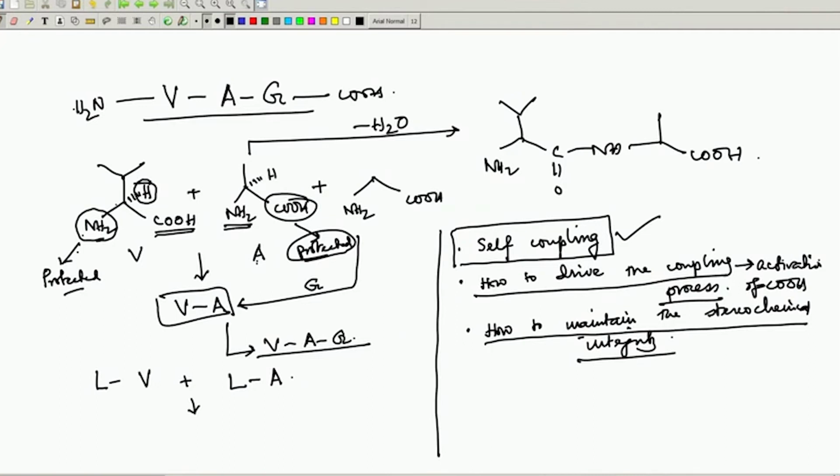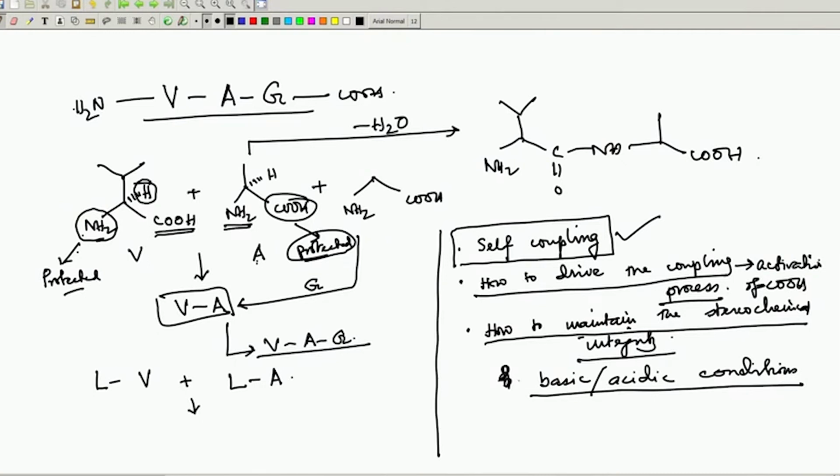So, one should not use highly basic or acidic conditions. Mild acid or base may be okay, but one should avoid aqueous sodium hydroxide or potassium hydroxide or HCl. One should avoid those types of reagents in the entire process.